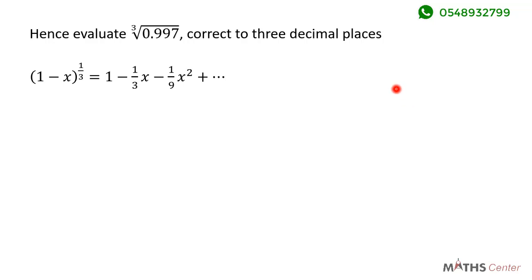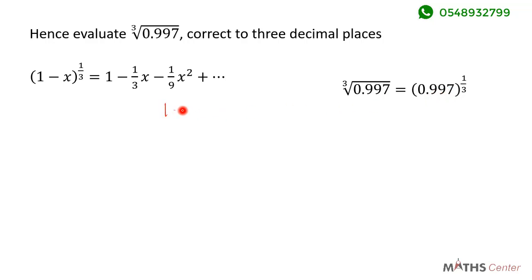From indices, we know that the cube root of 0.997 can be written as 0.997 exponent 1 divided by 3. So here we are going to express 0.997 exponent 1 divided by 3 in the same form as 1 minus x exponent 1 divided by 3. By comparing, we can see that 1 minus x will be equal to 0.997.